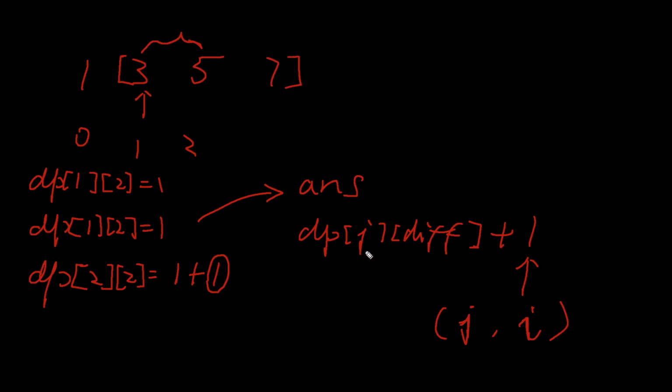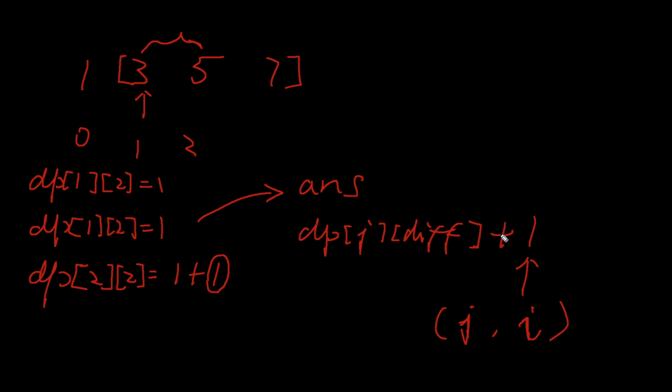Because like I said, this dp[j][diff] represents the previous one ending with 3. We're assuming this one has at least length 2, so that's why we'll have something, then 3, and then 5 and 7.